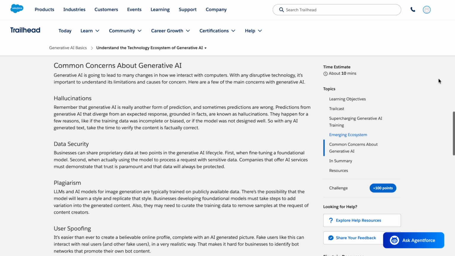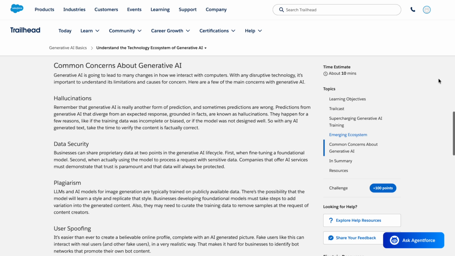Predictions from generative AI that diverge from an expected response, grounded in facts, are known as hallucinations. They happen for a few reasons, like if the training data was incomplete or biased, or if the model was not designed well. So with any AI-generated text, take the time to verify the content is factually correct.